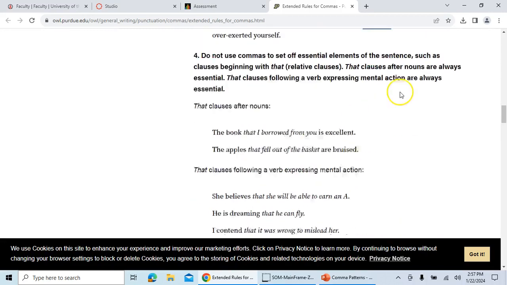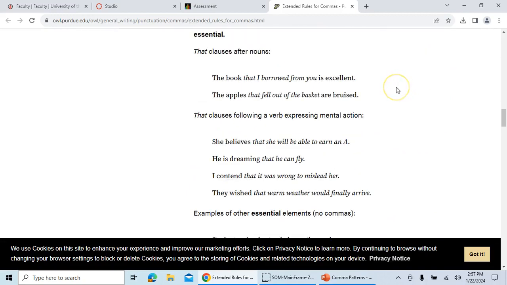You don't do this rule if the information that you would take out is essential to the sentence, if it's essential to understanding it. Look for that clauses, and it gives some examples of those here. The book that I borrowed from you is excellent.